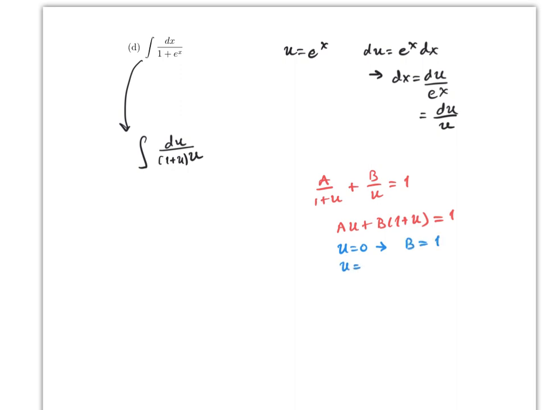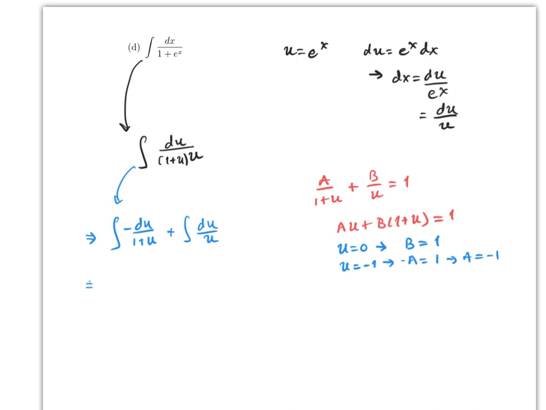And if we select u to be -1, that means minus a is equal to 1, or a is equal to -1. So therefore, from here, you will end up with the integral of minus du over 1 plus u, and then plus the integral of du over u, since b is 1.